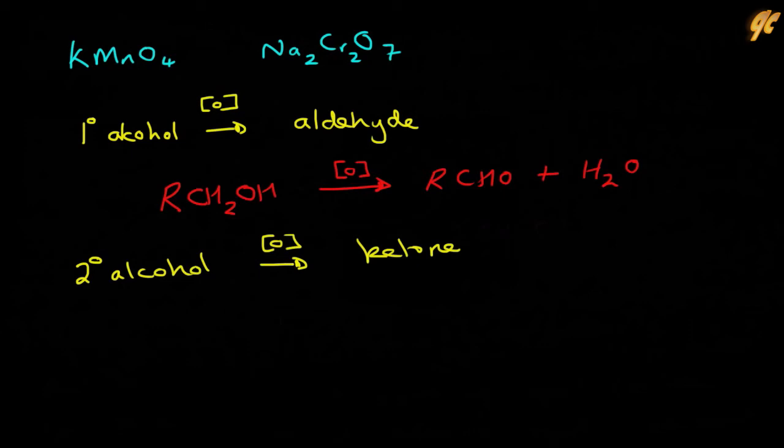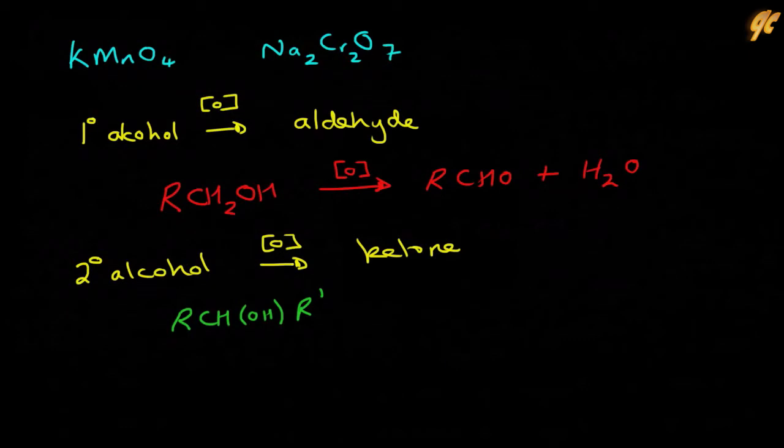The general equation for this reaction is RCH(OH)R'. Remember, R is an alkyl group, R dash is the other side of the alkyl group. Remember, for a secondary alcohol, the hydroxyl group must be in the middle of the chain and not have a methyl group attached to the carbon.